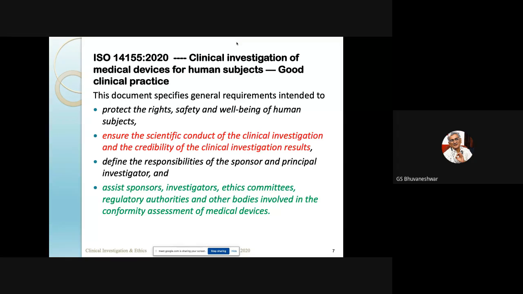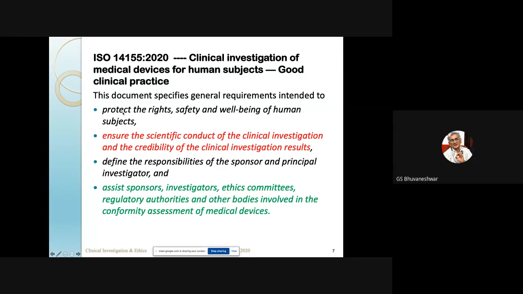It is the clinical investigation of medical devices for human subjects, good clinical practice. So now most regulatory authorities, particularly if you're looking at international certification, will require that any clinical investigation you carry out meets the requirements of the standard, particularly for good clinical practice, or GCP as it's generally called.